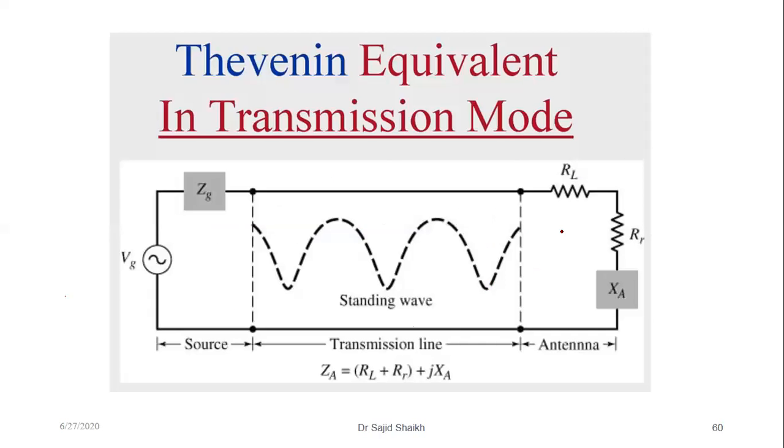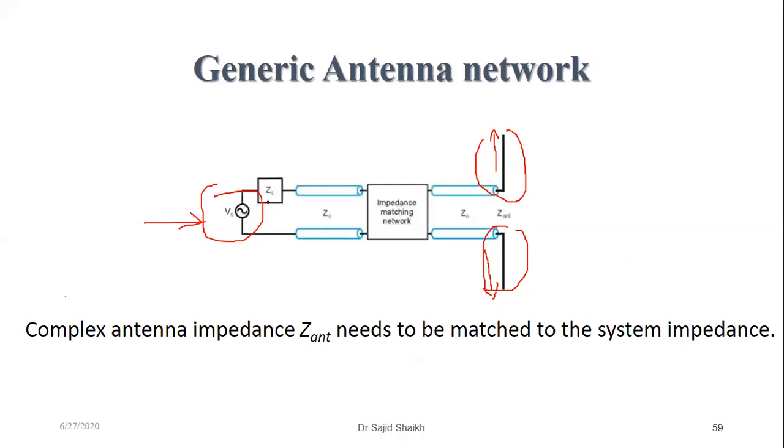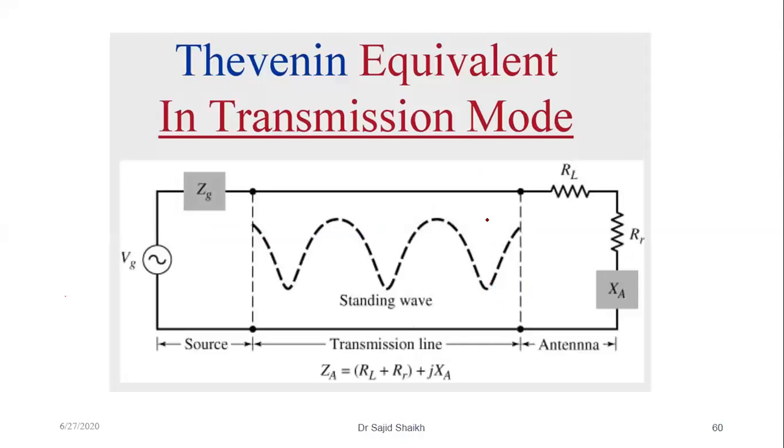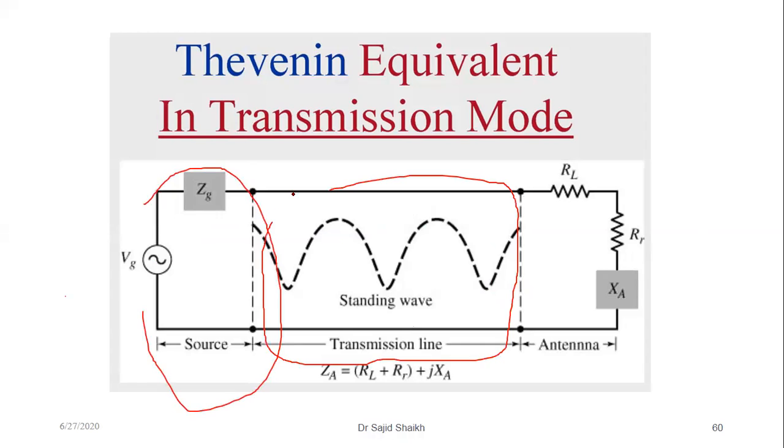This is only a block diagram, and if we analyze this mechanism in the form of an electrical circuit, this is your source, and the intermediate part is a transmission line.